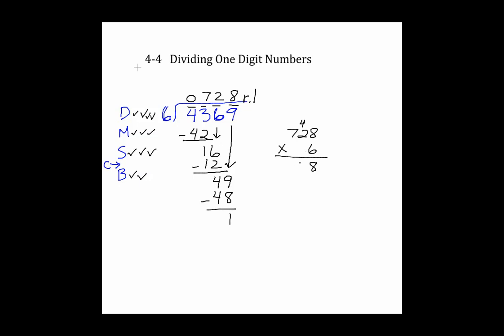Plus 4, 16. Carry the 1. 6 times 7 is 42. Plus 1 is 43. But you have a remainder of 1, so you have to remember to add the remainder in. 8 plus 1 is 9. I bring down the 6. I bring down the 3. I bring down the 4.